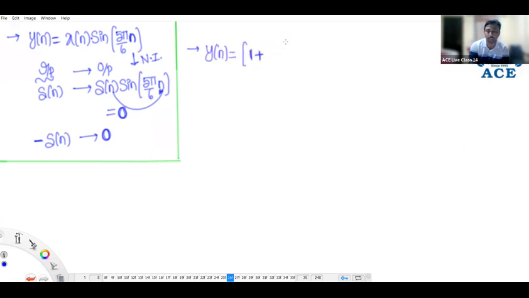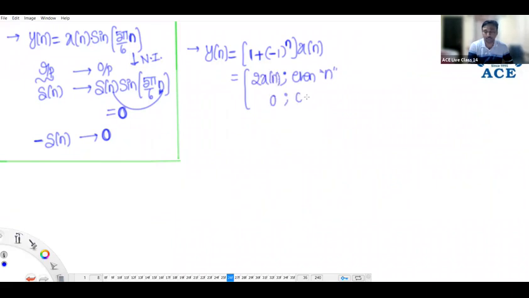The system expression is given like this: 1 plus minus 1 whole power n xn. Is that invertible or non-invertible? Actually, in the question statement he has given a hint. For even index, what is the answer, sir? 2 times xn.